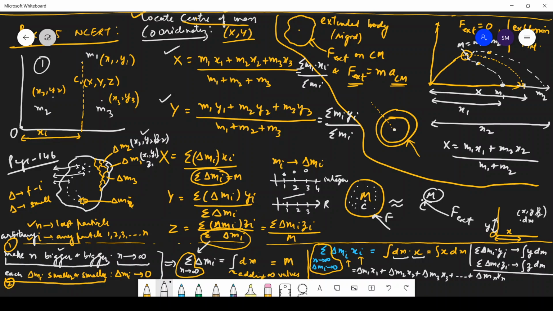So particles are together. There is no space between them. So continuity means there is no space between the mass. But here you can say there is space between the mass. Yes, sir. So as there is continuity, of course we can calculate the number of atoms and molecules, but still the number is so large that you are ignoring it.